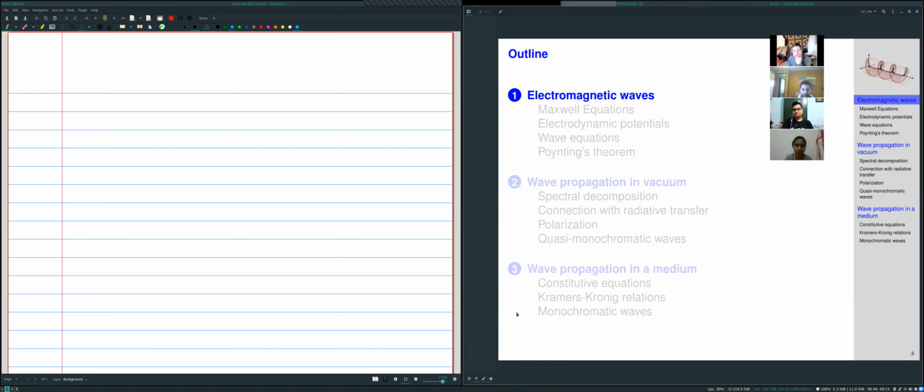You might not have heard of the relationship between the real and imaginary parts of the refractive index in a dielectric. These two parts are related by the Kramers-Kronig relationships.